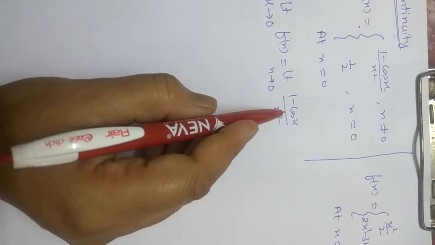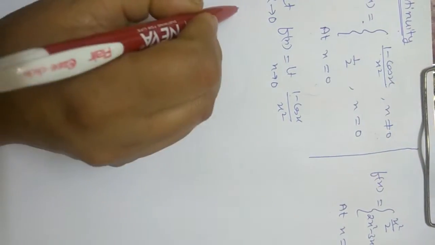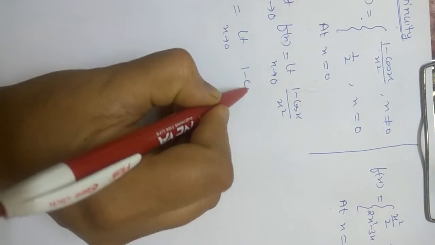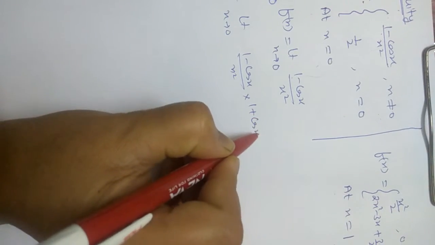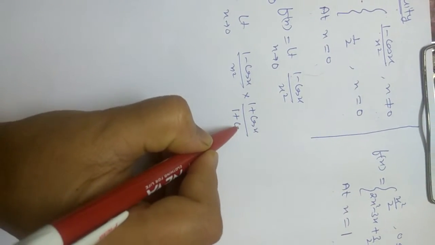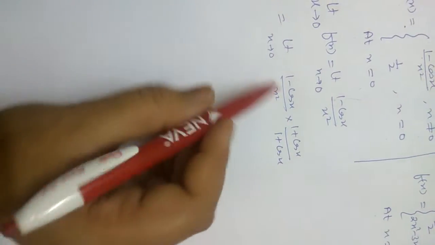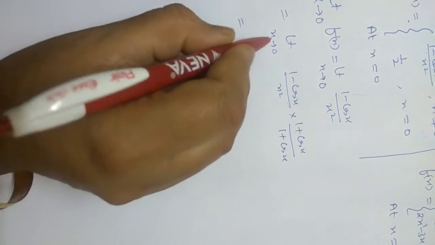As you have done earlier, 1 minus cos x, you have to rationalize this: (1 minus cos x) upon x square into (1 plus cos x) upon (1 plus cos x), either rationalize or substituting the formula 1 minus cos x is equal to 2 sin square x by 2.